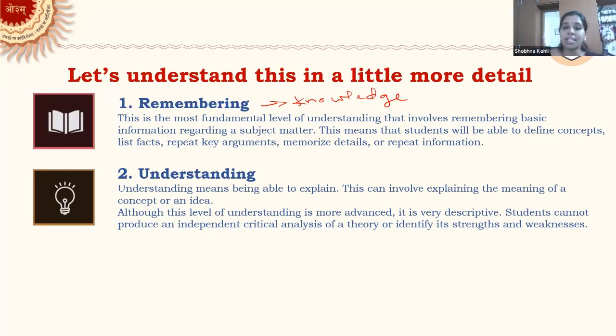This level is more advanced and very descriptive. He is able to explain what he has learned and the concept behind it. But students cannot produce an independent critical analysis of a theory or identify its strengths and weaknesses. What is the meaning of that?